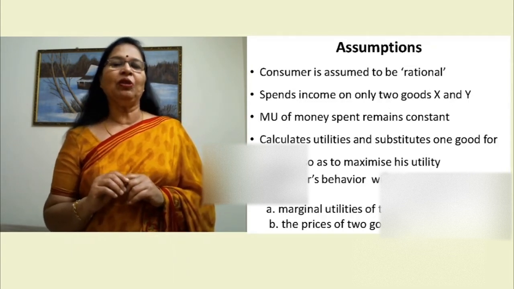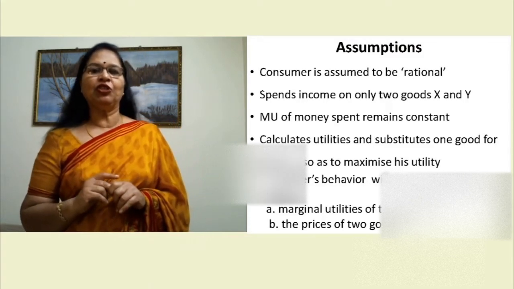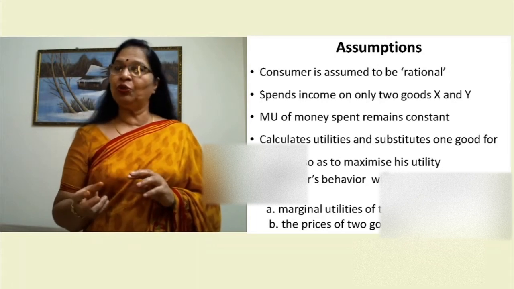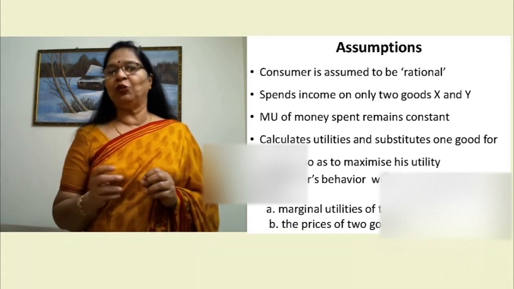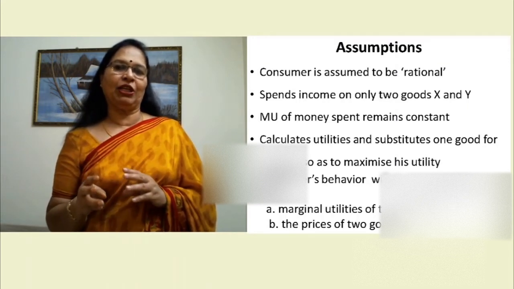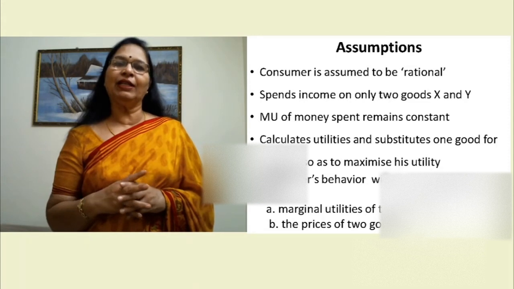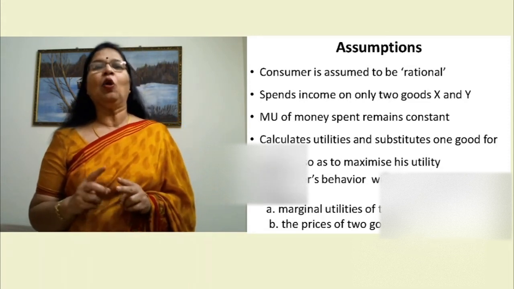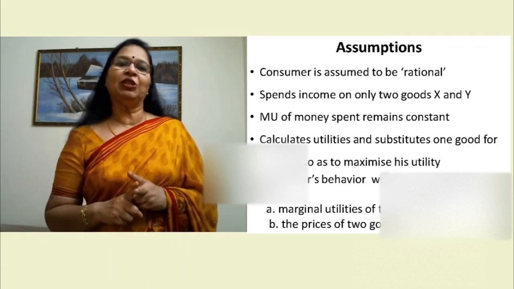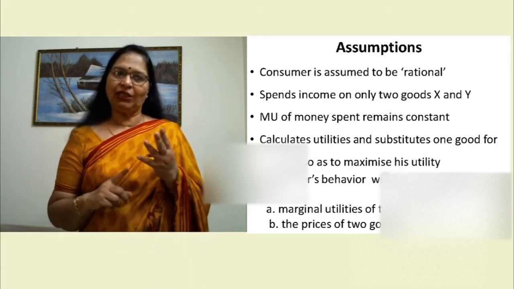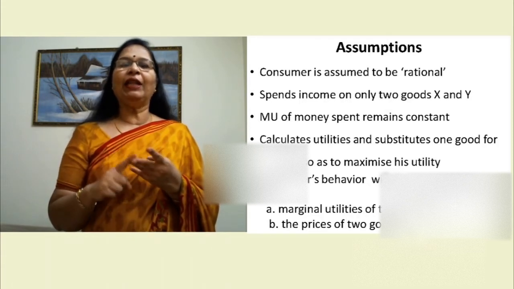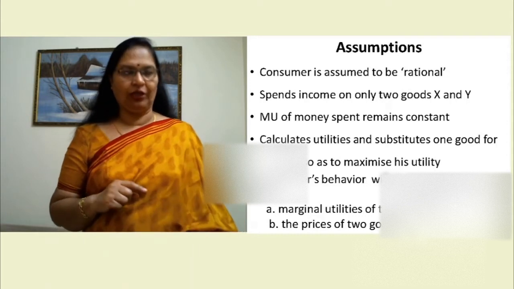And then we also assume that the consumer can substitute commodity A for B when he wants to, because he can compare the utilities that he gets from commodity A to the marginal utility that he gets from commodity B. And the consumer is guided by two intrinsic factors: one is the price of the commodity that he purchases, and the other is the marginal utility of that commodity. So we have three things here: the two commodities X and Y, the price of the commodity, and the marginal utility of the two commodities.